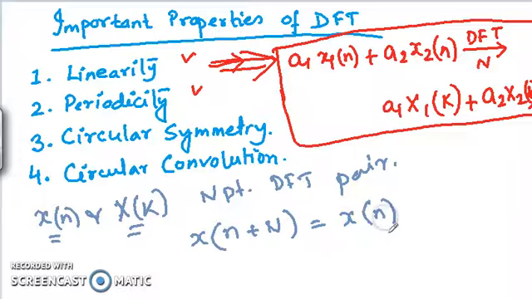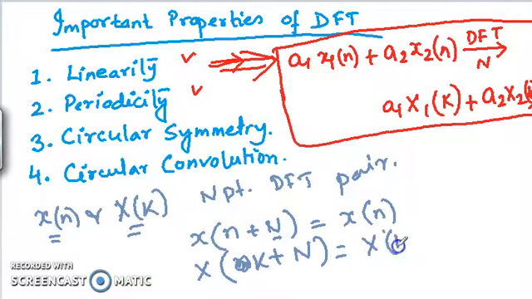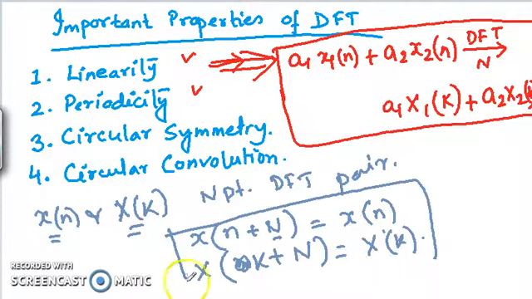That means the value of x[n] repeats after N samples. Similarly, X[k + N] will be equal to X[k]. So this is the empirical representation of periodicity property of DFT. In the next video, I am going to explain what is circular symmetry. Thank you.